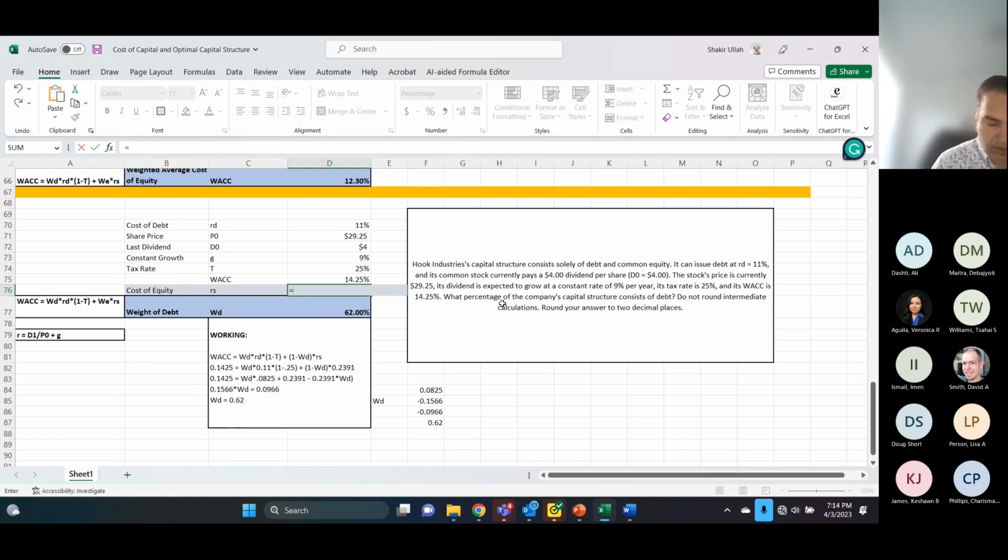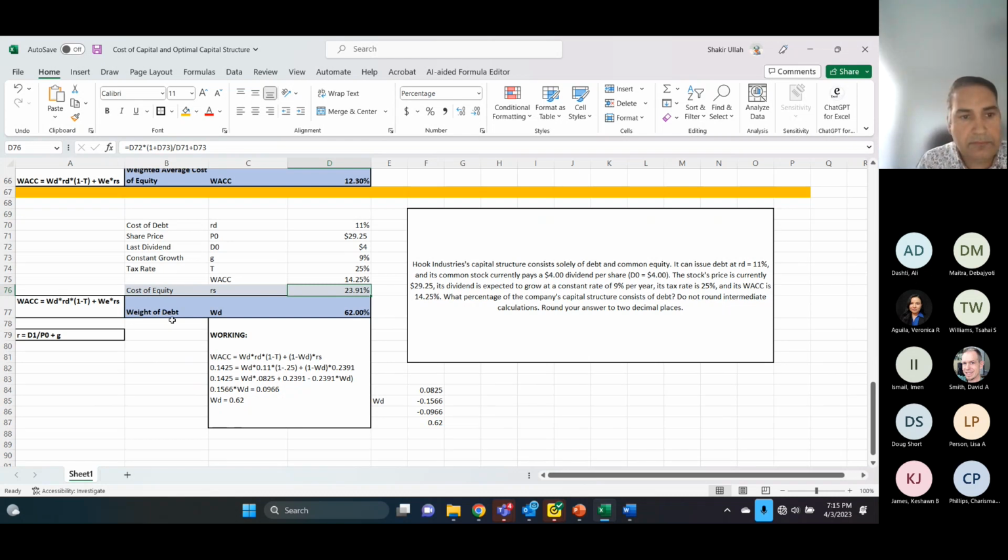They have given us D0, so that would be equal to D0 multiplied by (1 plus G, the growth rate, which is 9%), divided by P0. P0 is 29.25, plus G, which is 9%. All right, so we calculated cost of equity.